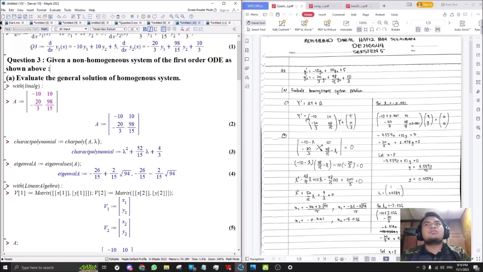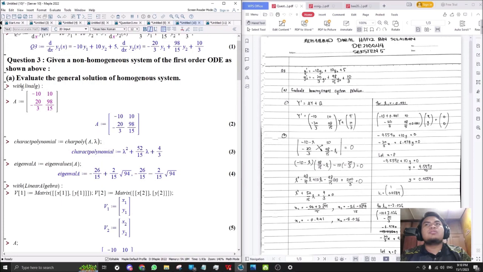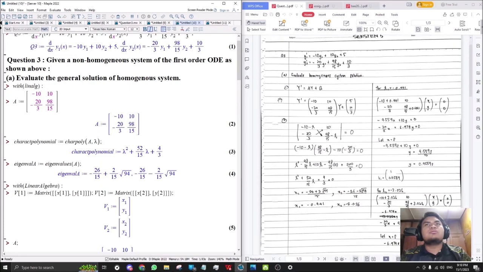Okay, for part A, the question is to evaluate the general solution of the homogeneous system. So from here, manual calculation, y prime equal to Ay plus g.